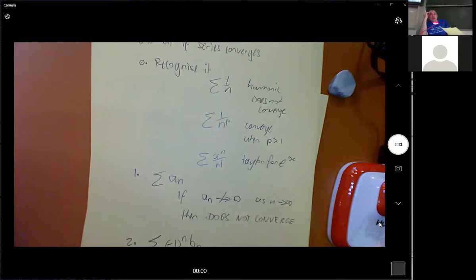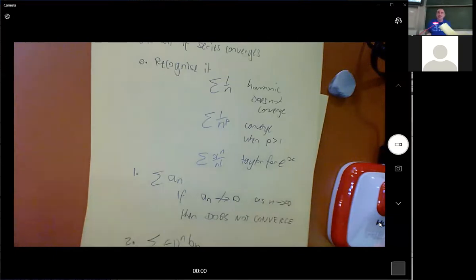There's like 15 different series convergence tests, and you've only got 4. And the 0th one isn't really a test. It's like, I happen to recognize this series. So you've only been taught 3 series convergence tests in Maths 1B, and there's a lot more of them, and you would have to use those instead. And so they won't give you those in this course, ones that can't be dealt with by the ones that you've got. Yeah. So there you go.